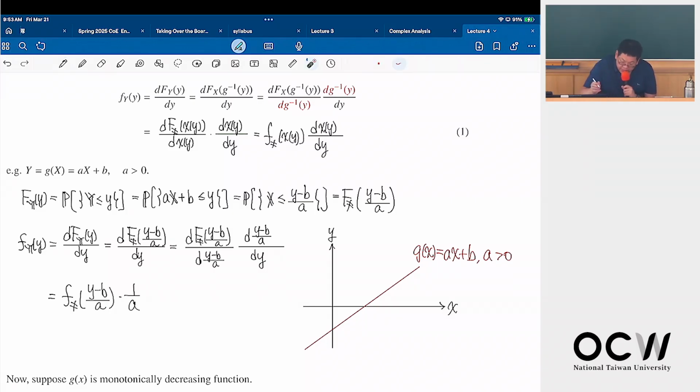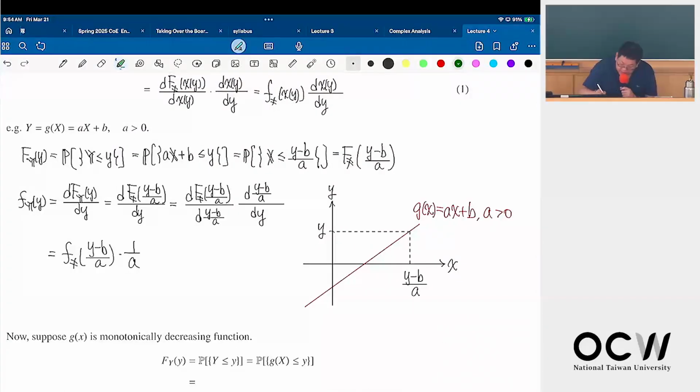I have a point y here, and the corresponding x is y minus b over a. ax plus b is less than y, so this part, let me give it a green. That means this region.